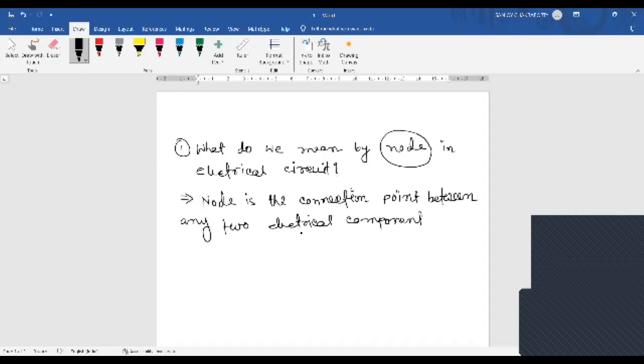So to understand node, we need to find out the connection point between any two electrical components in an electrical circuit.